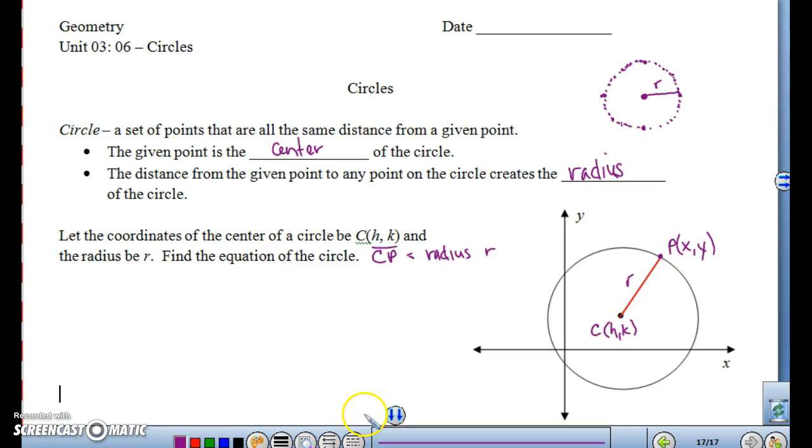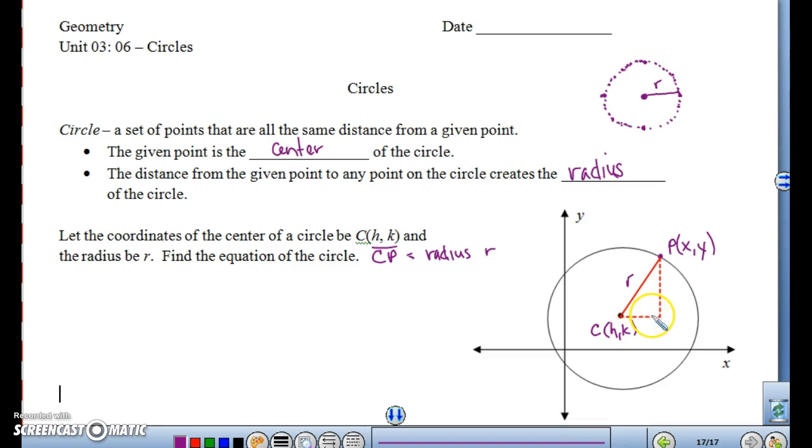Now, the equation of the circle actually comes from finding the length of the radius. So if I wanted to find the length of CP, I need the distance formula. Because this is a graph, I'm actually going to square this off to make a triangle and then use the Pythagorean Theorem. So I'm going to draw my vertical line like this and my horizontal line like this to make my right angle.